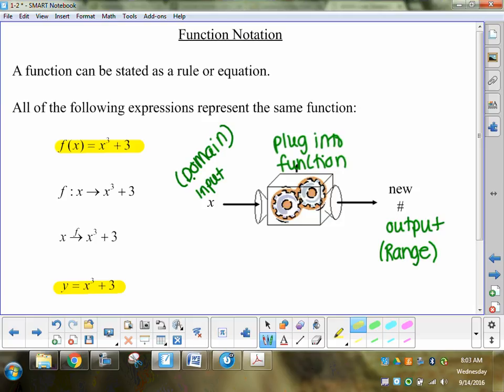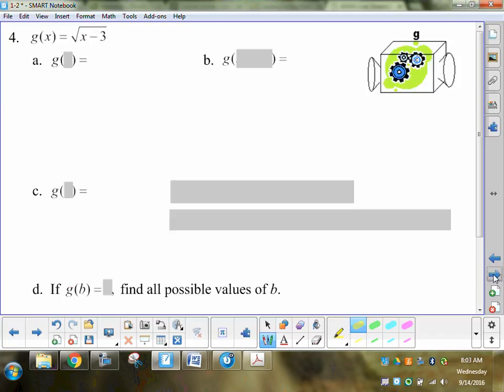This is saying for the function f, we input x into the equation x cubed plus 3. Over here, this is saying x input into the function f would be x cubed plus 3. They mean the exact same thing. Questions on that one?